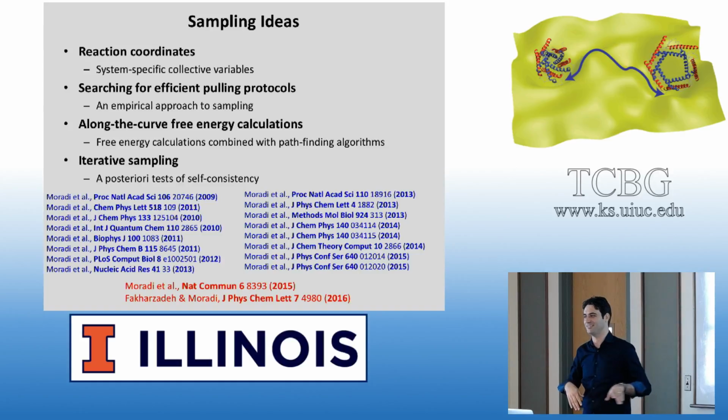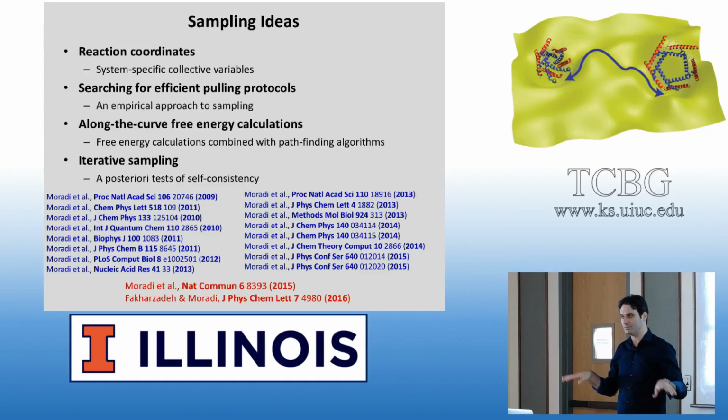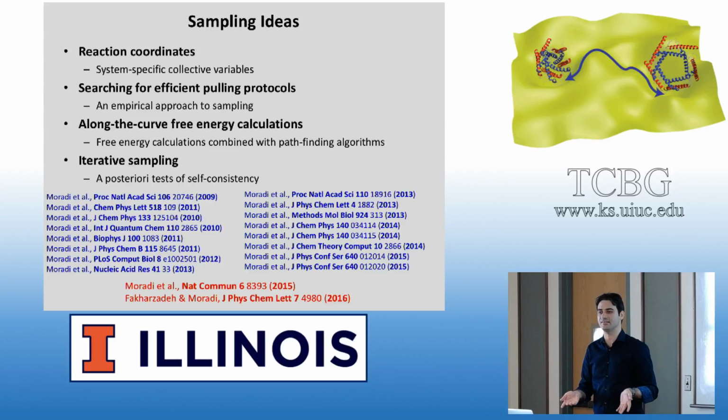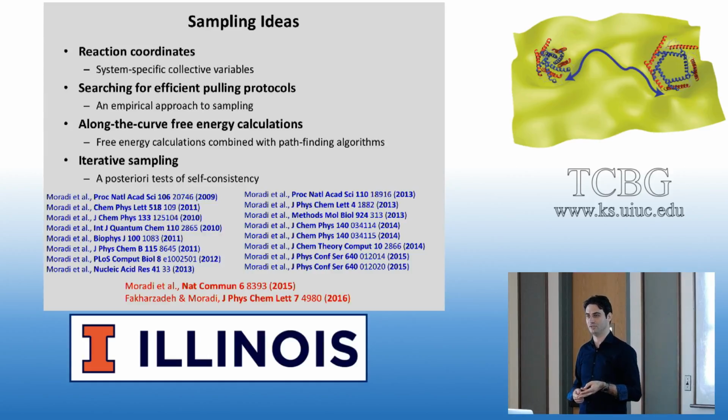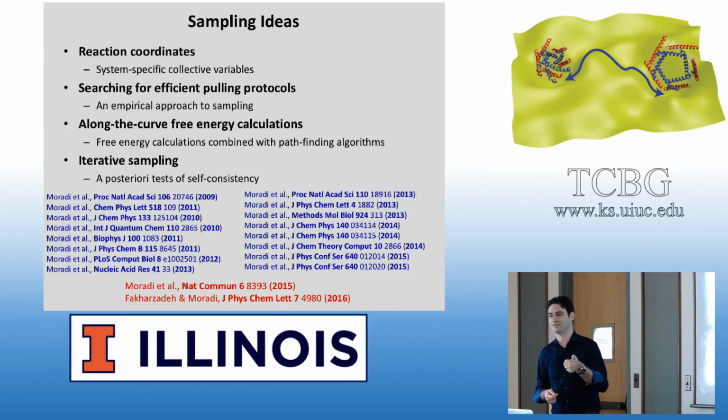It wasn't, of course, the transporter. He had used multiple different methods, like string method with swarms of trajectories, SMD, different things, but with different collective variables. The conclusion of the paper was that it's just the collective variable that determines what pathway you get. Even a string method with swarms of trajectories wouldn't be able to get you the right pathway if you don't use the right collective variable for it.